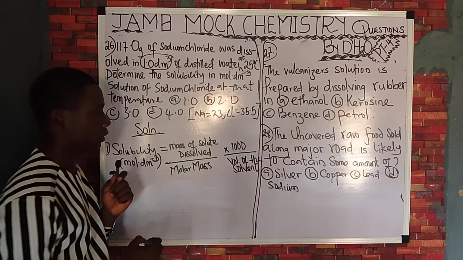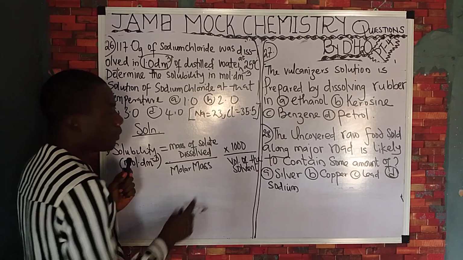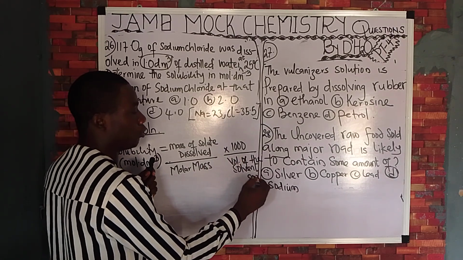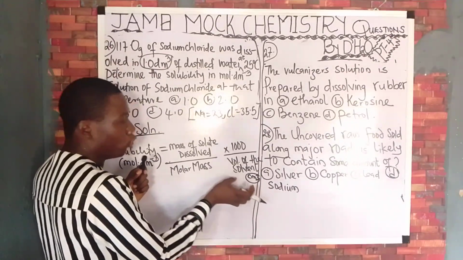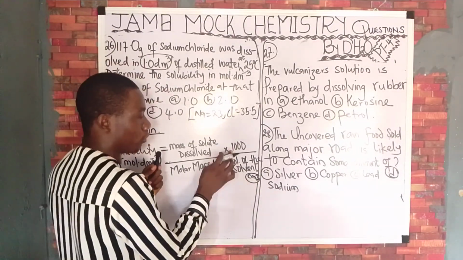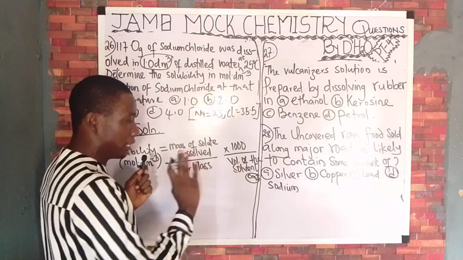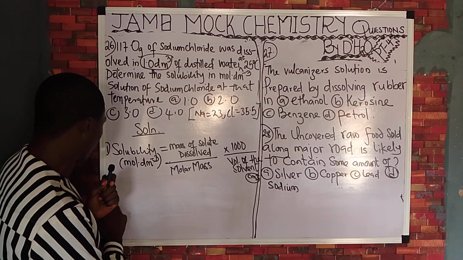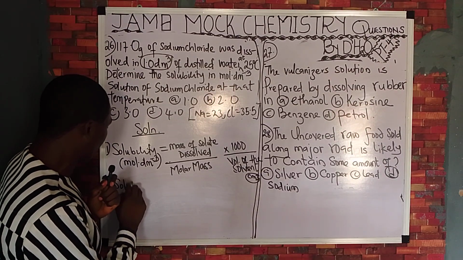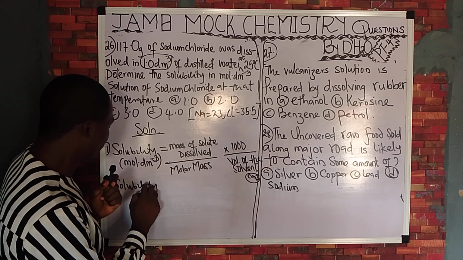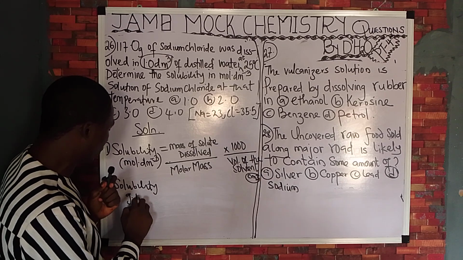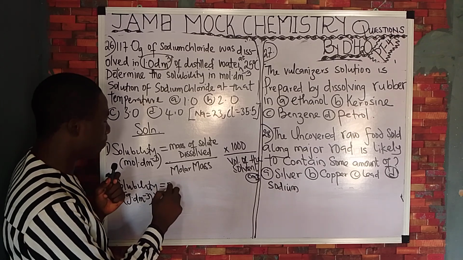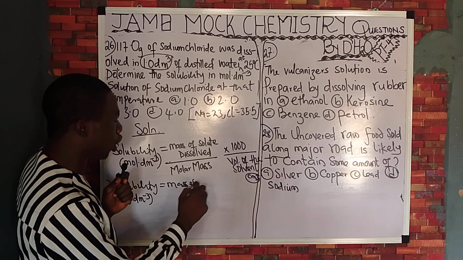Please, because you have 1000 here, your volume here must be in cm³. Take note of that. Then the second formula is that solubility can be calculated in gram per dm³.